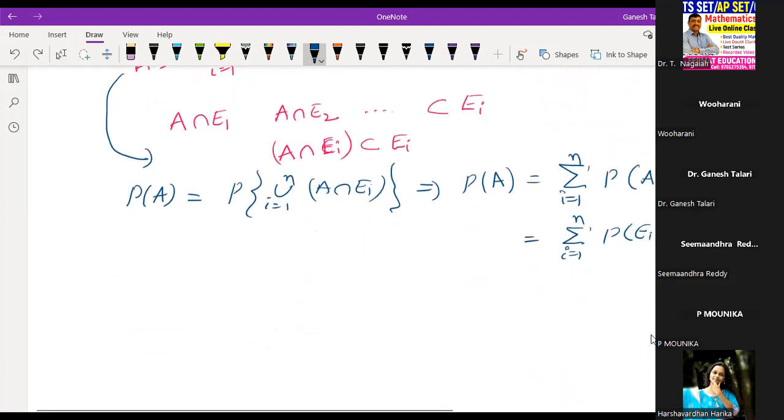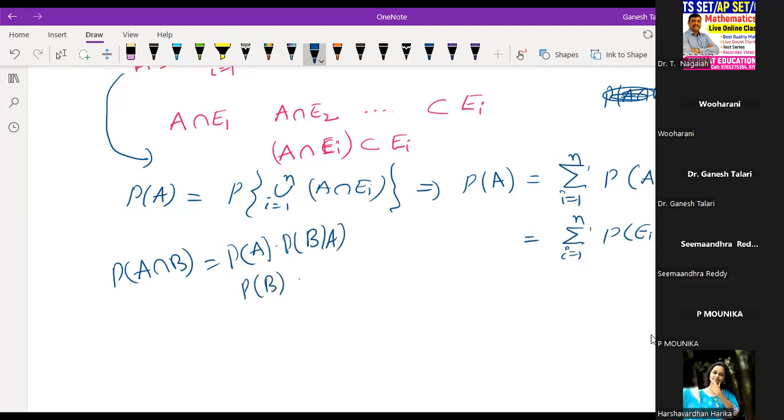There I can write probability of Ei into probability of A given Ei. Simple. Probability of A intersection B is equal to probability of A into probability of B given A, or probability of B into probability of A given B. Either side you can write as per the multiplication theorem.